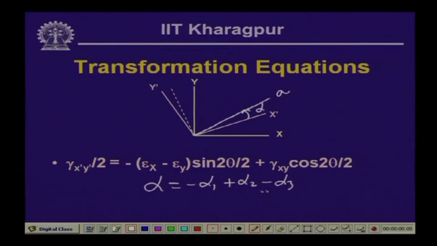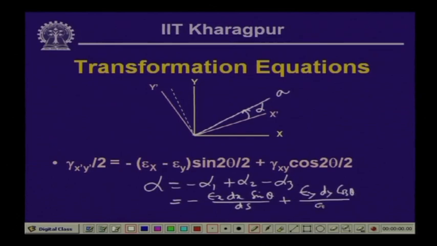So, this net value gives the anticlockwise direction, and if we sum up these values of alpha, we get alpha 1 as epsilon x dx sin theta. So, this is equal to minus epsilon x dx sin theta divided by ds, plus alpha 2 is epsilon y dy cos theta divided by ds, minus alpha 3 is gamma x y dy sin theta divided by ds.